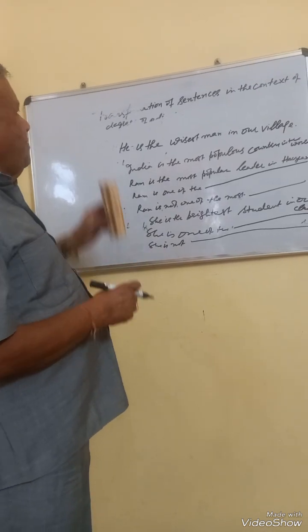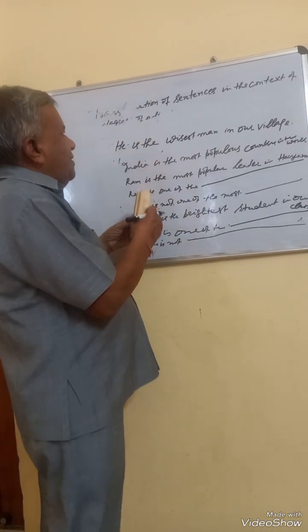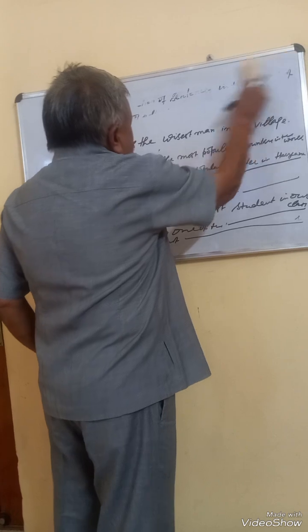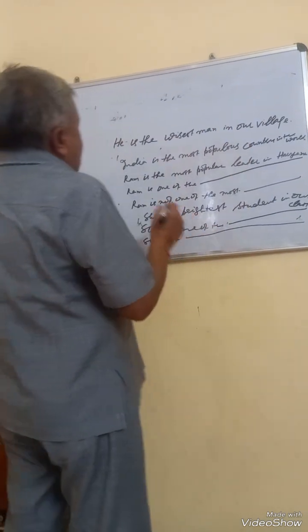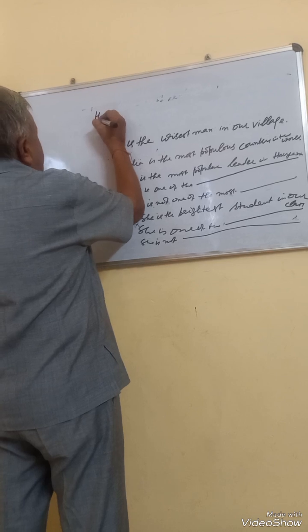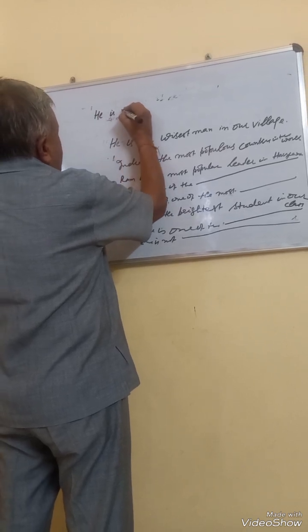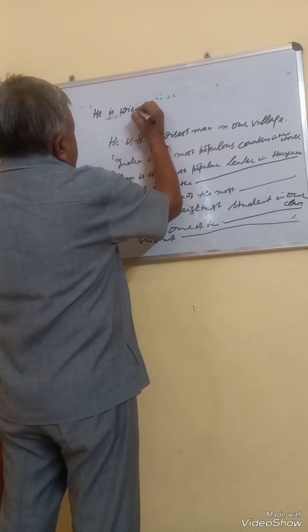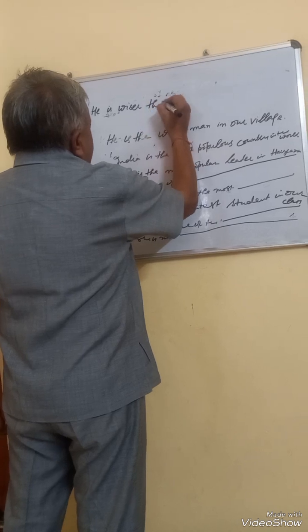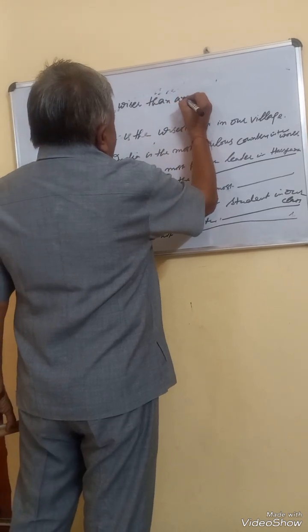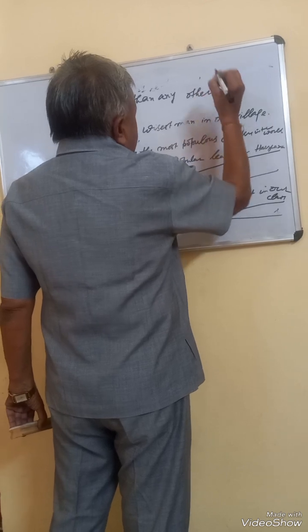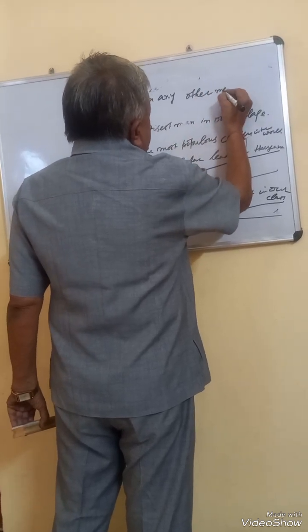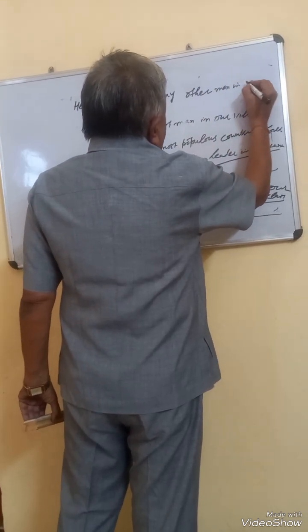For instance, if we are to change, he is the wisest man in our village, we can use comparative degree wiser by saying he is wiser than any other man in our village.